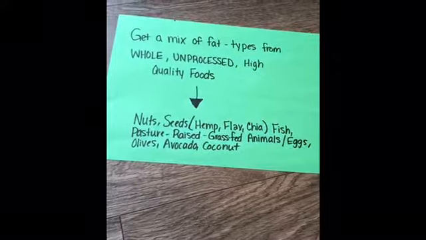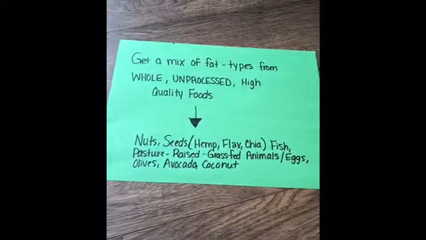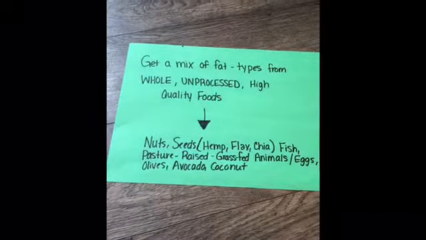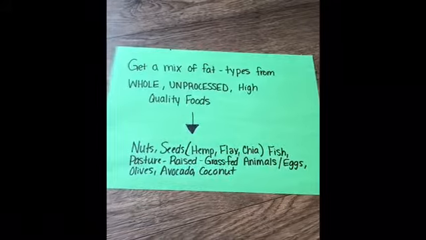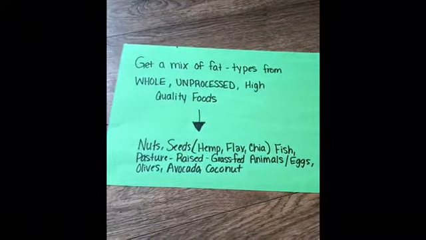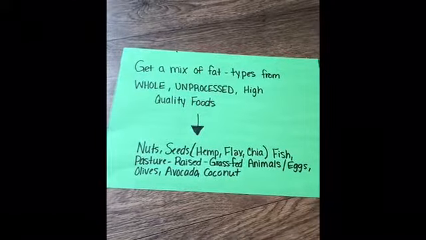All right, to summarize this up, you may be saying, all right, Britt, that's awesome. That's a lot of really cool little tidbits, but what are some actionable steps that I can take out of this video? Well, first, let's make sure you're getting a mix of fat types from whole, unprocessed, high-quality foods. So these might be examples like nuts, seeds, your hemp, flax, chia seeds, fish, pasture-raised, grass-fed animals or eggs, olives, your avocado, your coconut, things like that.